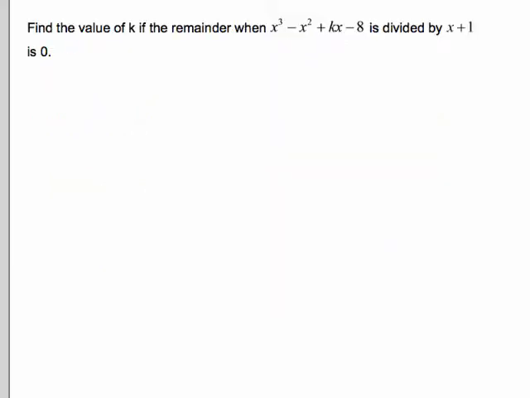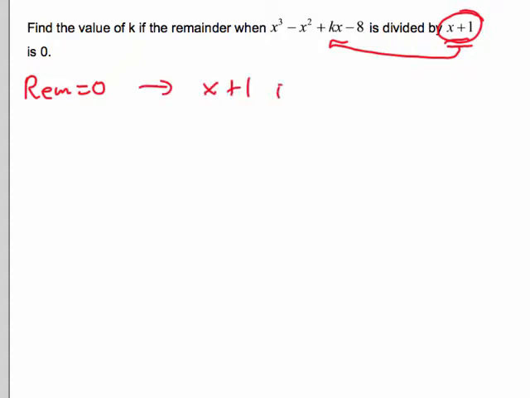Here's a different example. We want to find the value of k if the remainder, when our polynomial is divided by x plus 1, is 0. So we know that our remainder is going to be 0, which means that x plus 1 will divide evenly into our polynomial. In other words, it's going to be a factor of our polynomial p of x. So p of x is the polynomial, is our dividend.